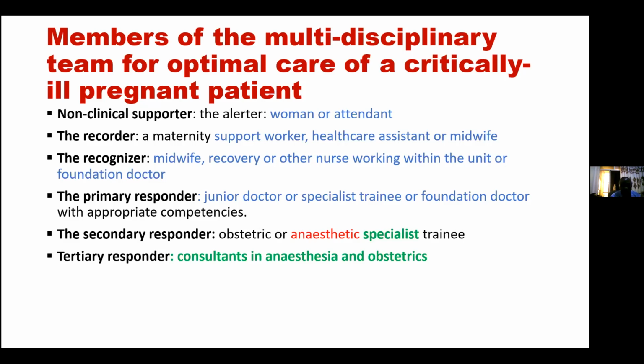We have someone who is alerting that we have a pregnant woman in danger, and this one is called a narrator. That's a non-clinical supporter, any attendant to the woman, any next of kin, or the woman herself, who can be classified as the first person to alert that the patient has a problem.